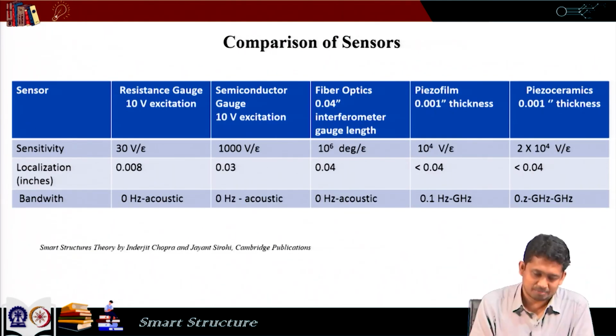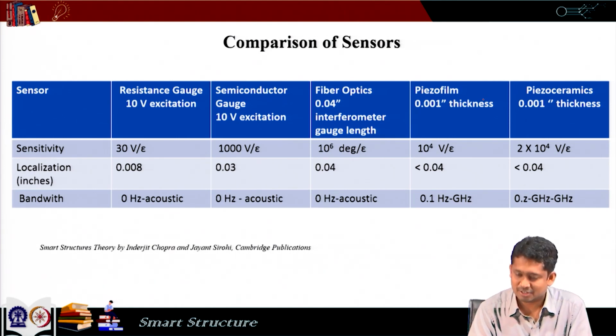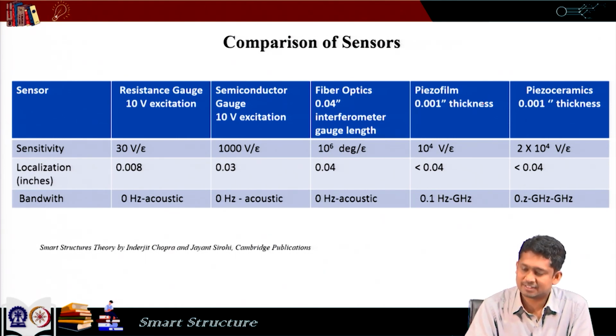Now, here is a comparison of the sensors. Five sensors are chosen: resistance gauge which has around 10 volt excitation, semiconductor gauge around 10 volt excitation, fiber optics 0.04 inch interferometer gauge length, piezo film 0.001 inch thickness and piezo ceramics 0.001 inch thickness.